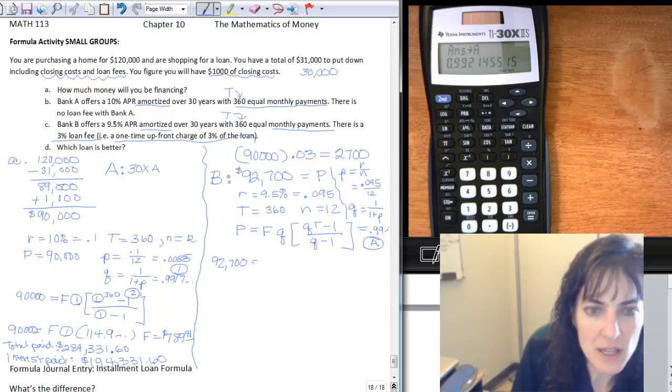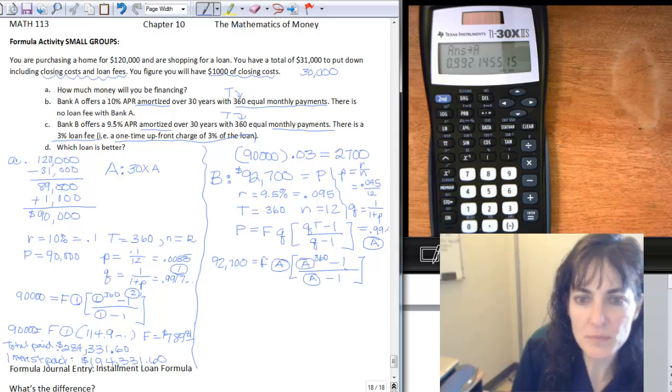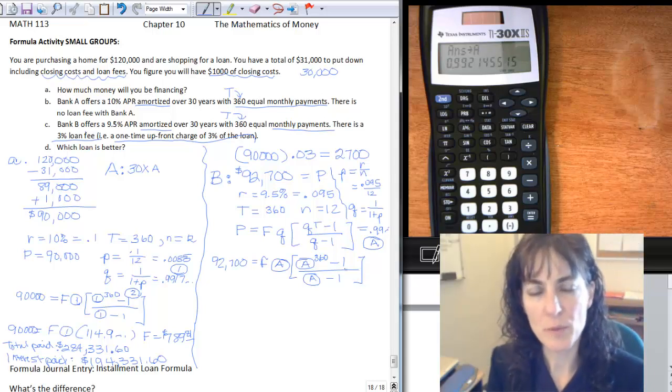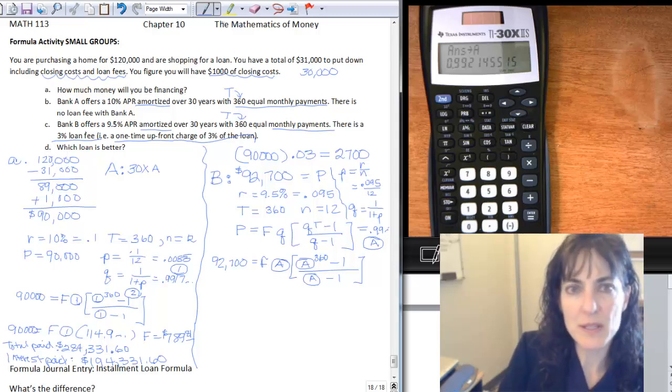And then we'll fill in the formula, so I have 92,700 equals F, which is what I'm going to solve for, times A, which is the 0.99 value I just got, and then A again raised to the 360 because that's my capital T, minus 1, and then A, which is that 0.99 again, minus 1. So there's my whole formula filled in, and now I can start calculating inside the big parentheses.